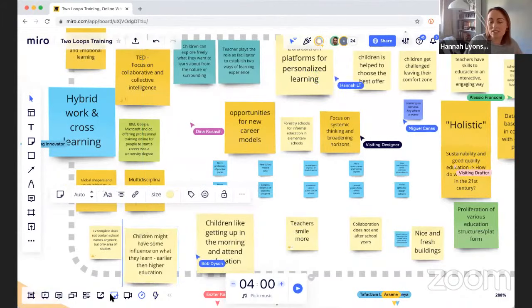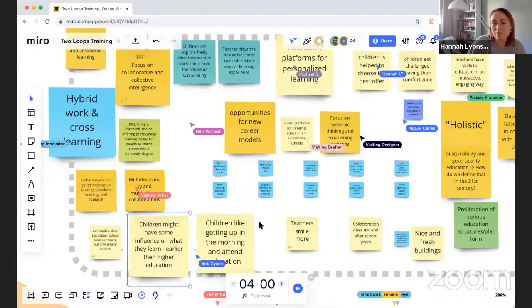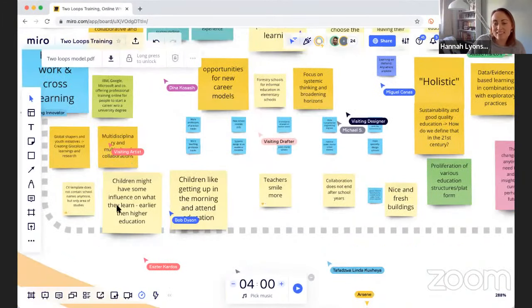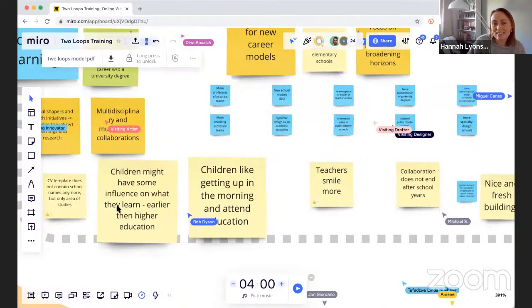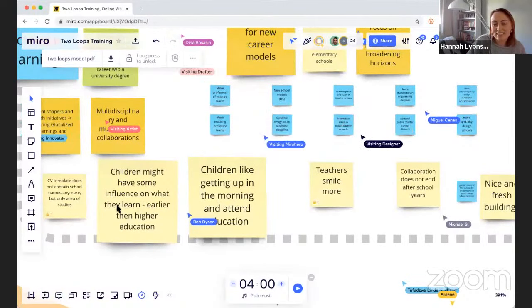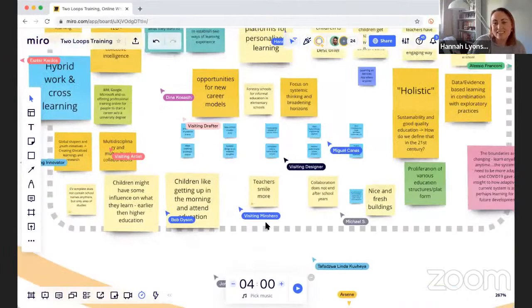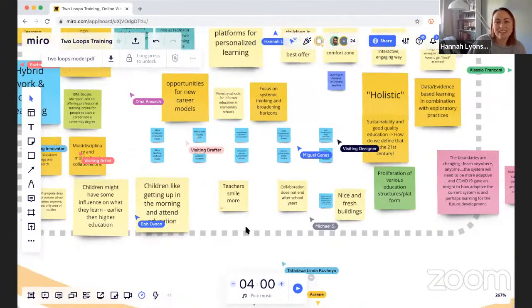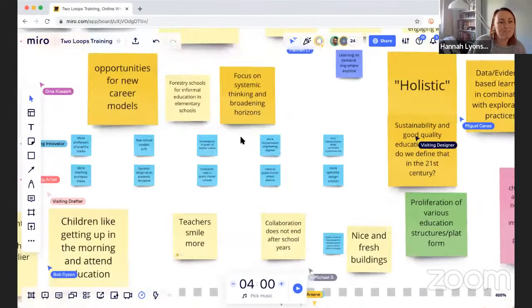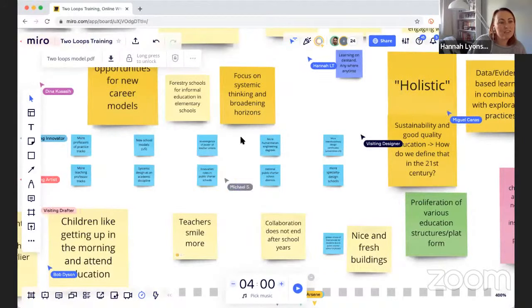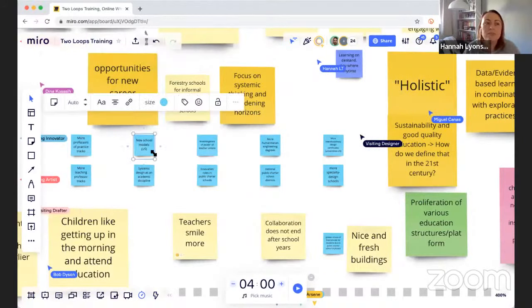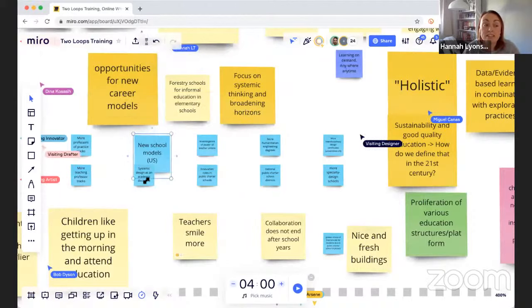There are a few post-its there, does anyone want to talk about that? Not just in the context of children as well, we've got platforms for personalized learning.